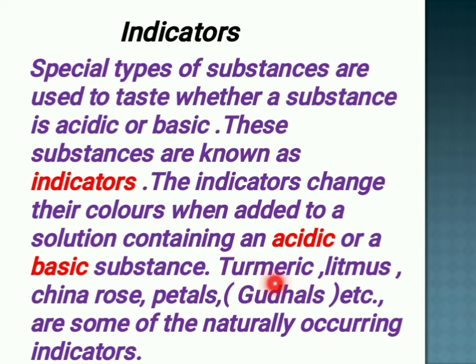See here, turmeric, litmus, China rose petals are some of the naturally occurring indicators. Turmeric, you know what is turmeric? Haldi, isn't it? And what is this litmus? This litmus is an extraction that we get from naturally occurring lichens. Lichens, you know what is lichens.